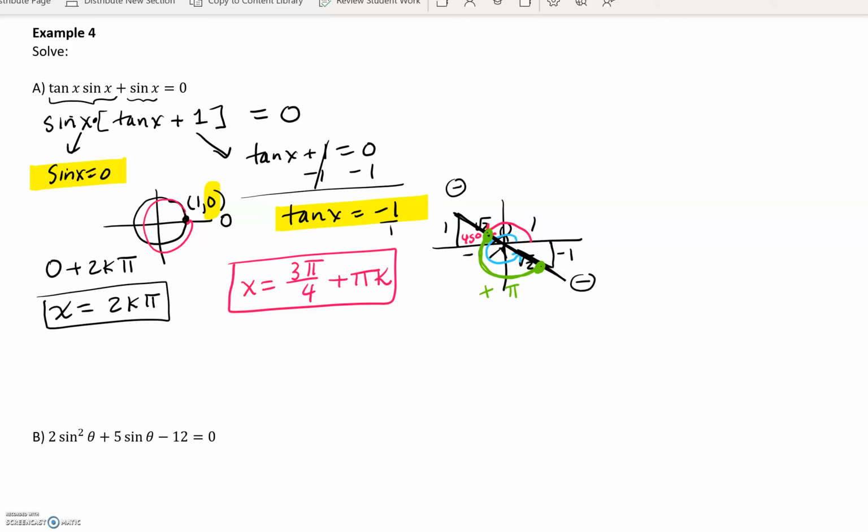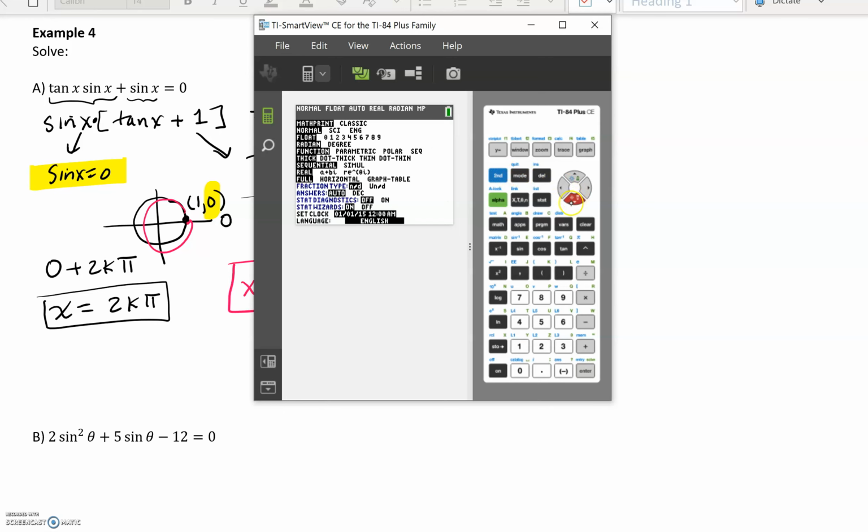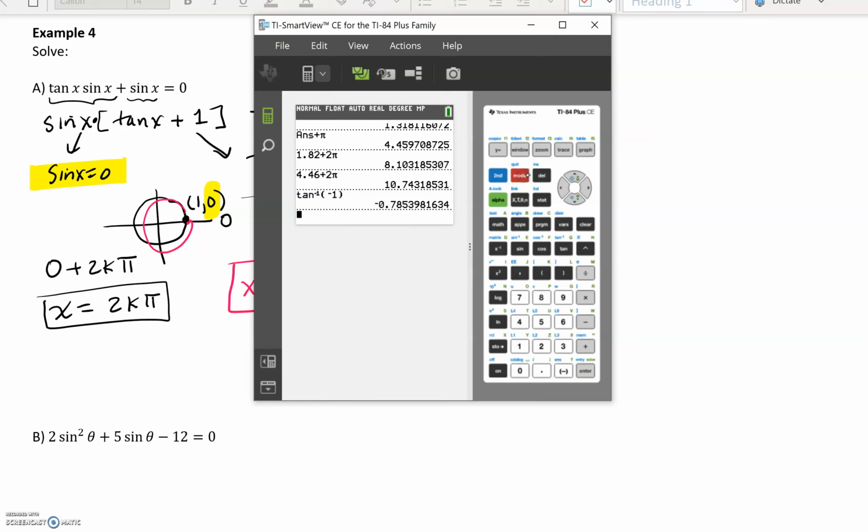And again, that's not the only way to represent the answer. You could also, if you wanted to, use the tan inverse feature on your calculator. If you do tan inverse of negative 1, that's going to give you negative 0.78, which is negative pi over 4. If you go to degree mode and you're more comfortable with that, and you do second enter to get the last entry, notice that's negative 45 degrees, or negative pi over 4.